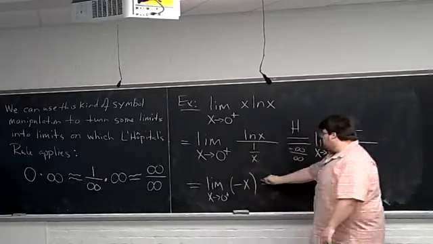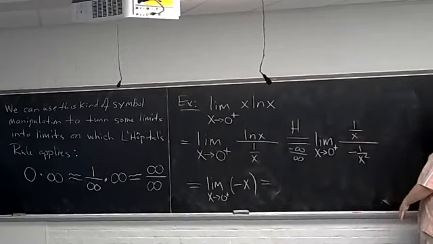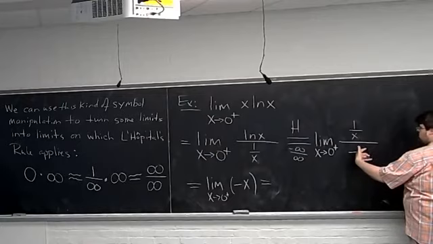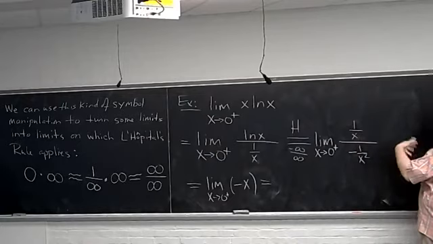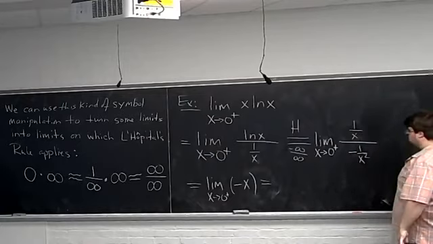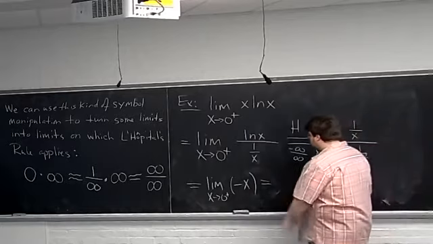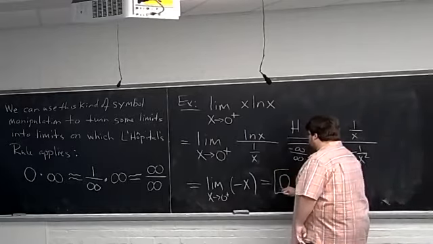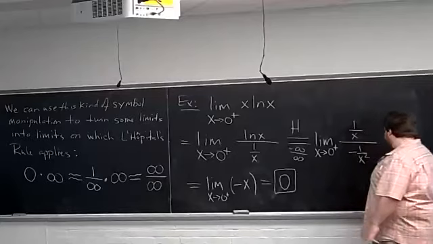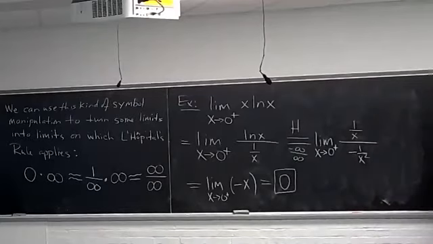So you're just left with a negative x. So 1 over x times x squared over 1. One of the x's cancels, and the negative stays there. As x goes to 0, negative x goes to 0. Any questions about that one?